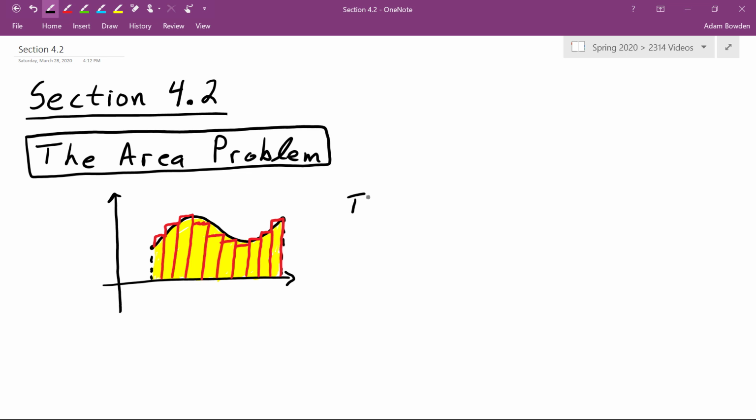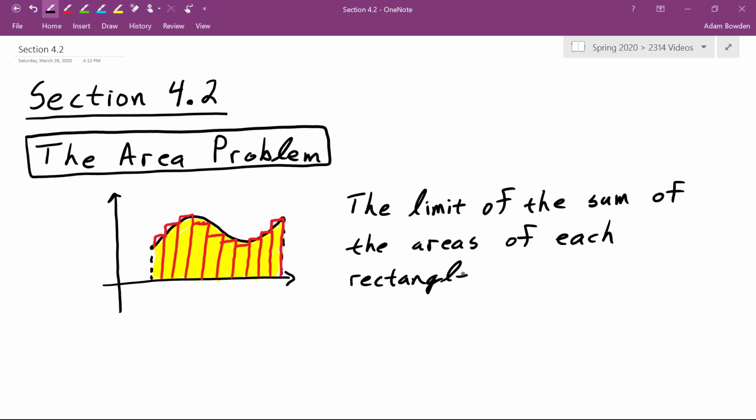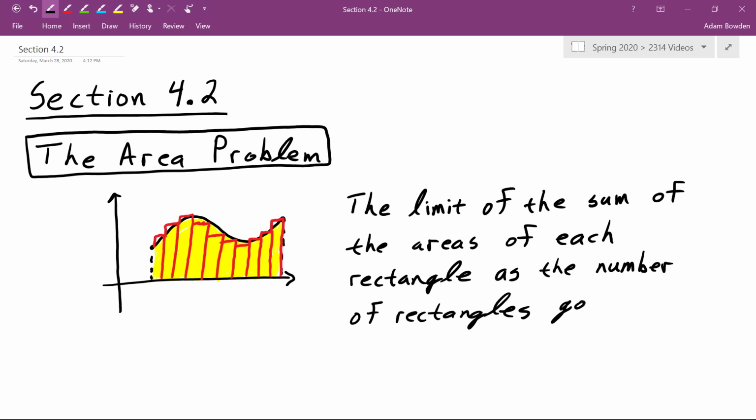And so the way this is accomplished is by taking the limit of the sum of the areas of each rectangle as the number of rectangles goes to infinity.